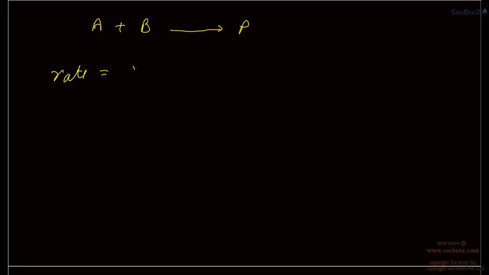Therefore, rate equals d by dt of concentration of products. So with respect to products, we have defined rate as d by dt of concentration of products.